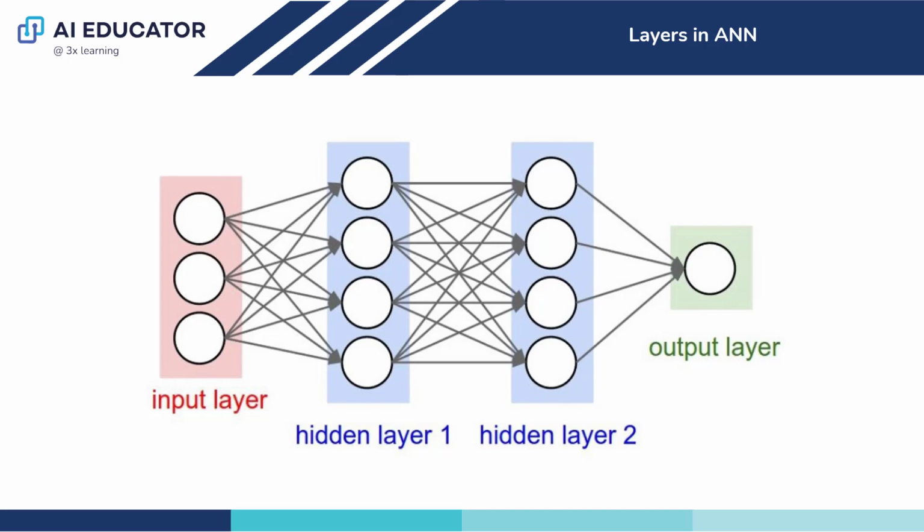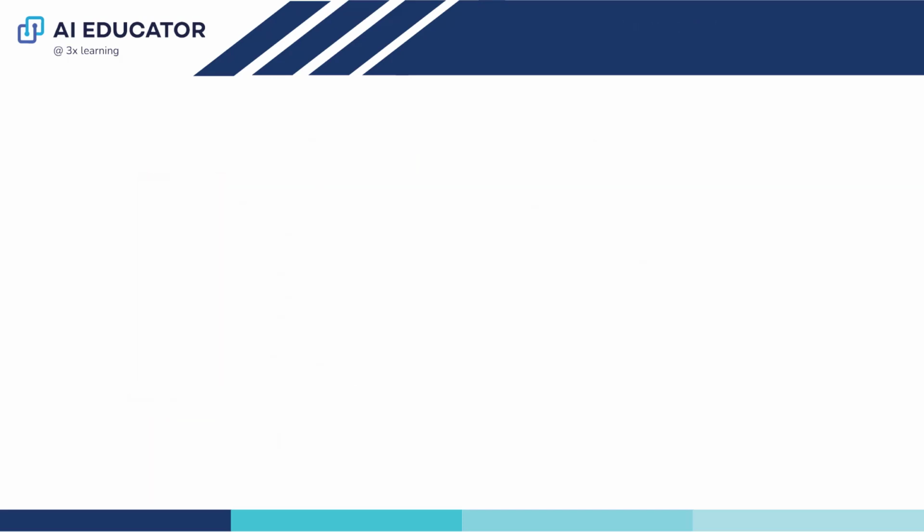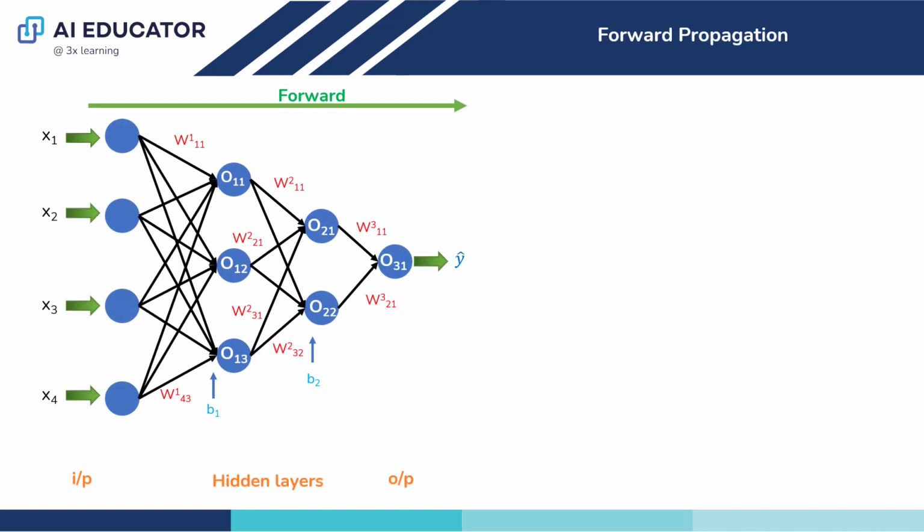Now, let us discuss about the forward propagation. Propagation means the flow or the direction. Forward propagation means moving in the forward direction. Here you can see an artificial neural network of multiple layers. We have an input layer with 4 nodes.